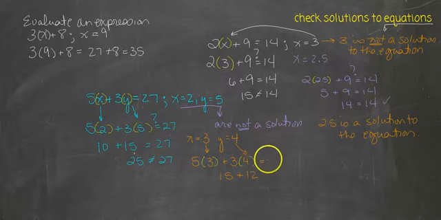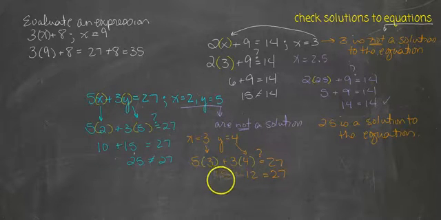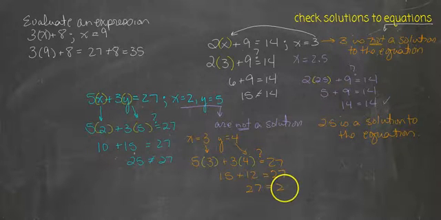Does that equal 27? Right, that's the original. 15 plus 12, does that equal 27? Well, 15 plus 12 is 27, so the answer is yes.